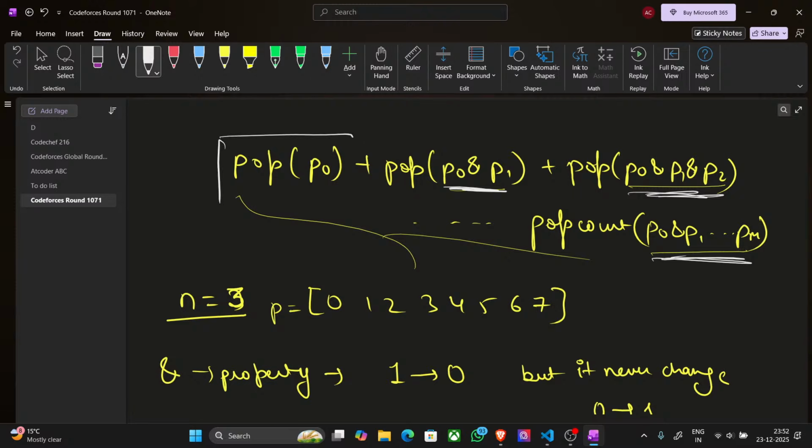So what is one factor that can maximize my answer? It is this particular element. To maximize this answer, I will assign the maximum element as P0, 7, right? So pop count of 7 is 3, because it has the largest pop count, as it is 2n minus 1. Anything which is 2n minus 1 has the largest pop count, right?